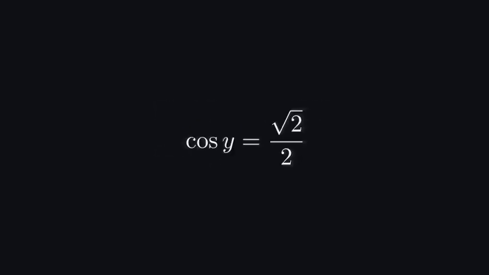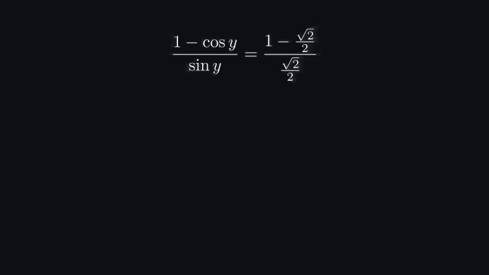Cos of y equals the square root of 2 over 2. 1 minus cosine of y over sine of y equals 1 minus the square root of 2 over 2 over the square root of 2 over 2.